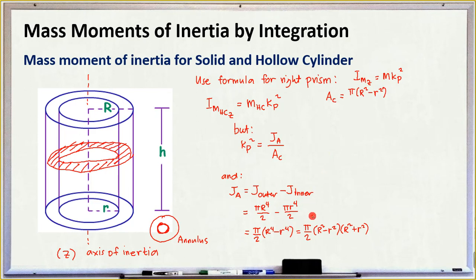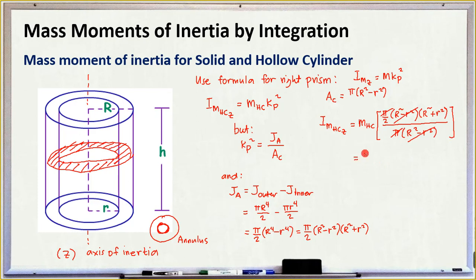Okay, so plugging in these variables, we have I, the mass moment of inertia of the hollow cylinder along the z-axis, is again the mass of the hollow cylinder multiplied by Kp squared. So that is, we have pi over 2, then we have R squared minus r squared, and R squared plus r squared, all over the cross-sectional area, pi times R squared minus r squared. As you notice, pi is common and also R squared minus r squared.